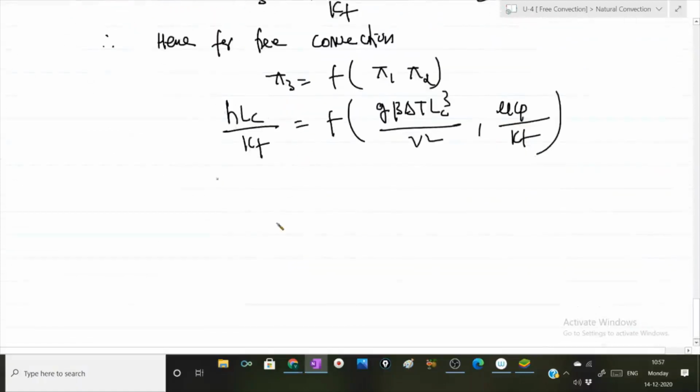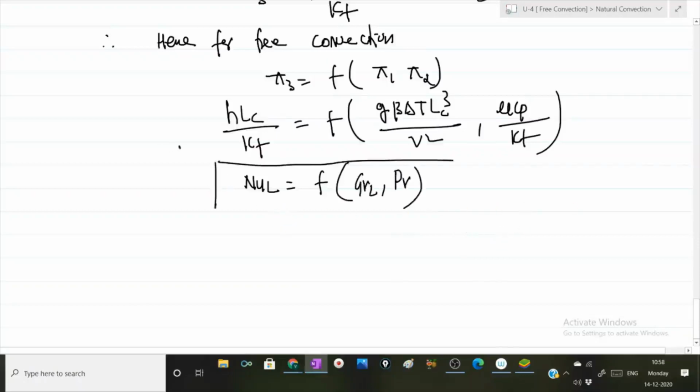So for free convection, the Nusselt number is a function of the Grashof number and Prandtl number. So this is the required relationship of different parameters in case of free convection. This way you can derive this relationship for free convection.